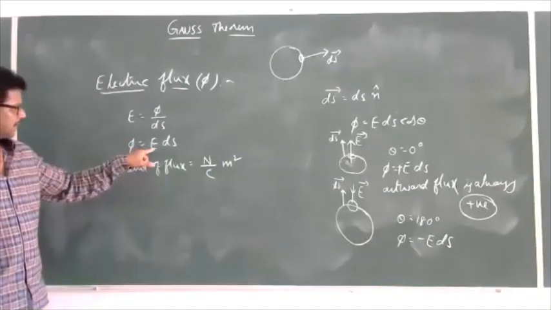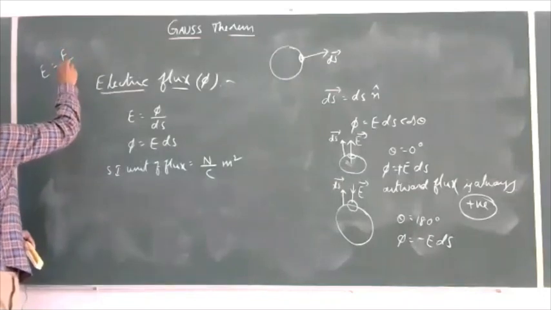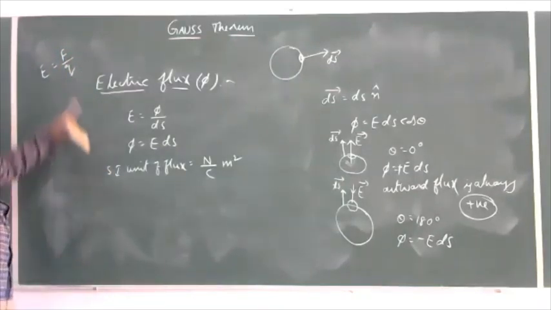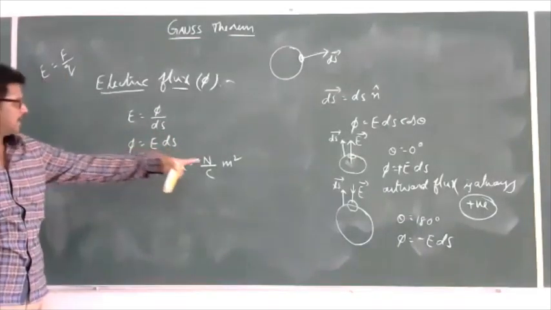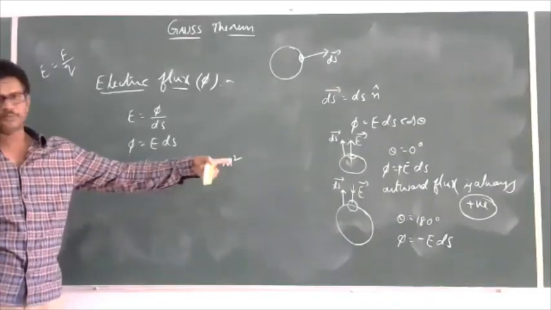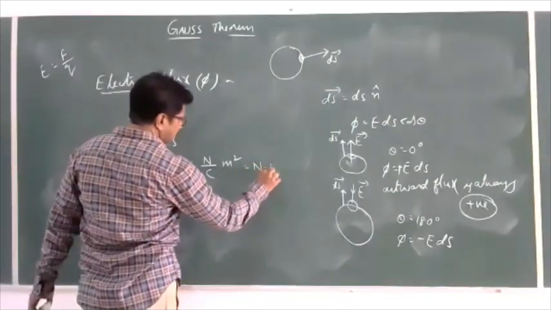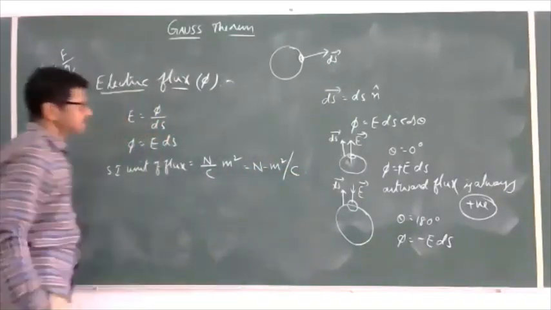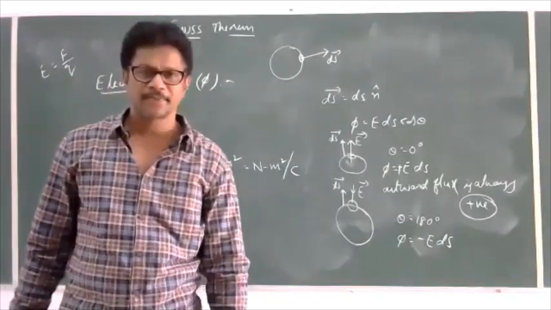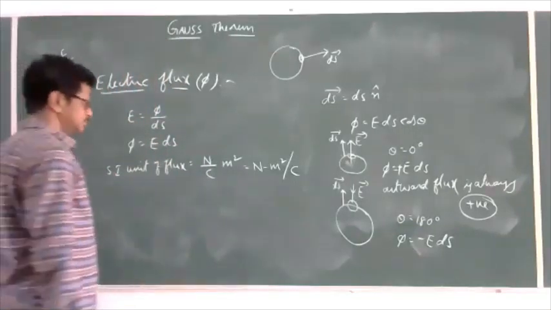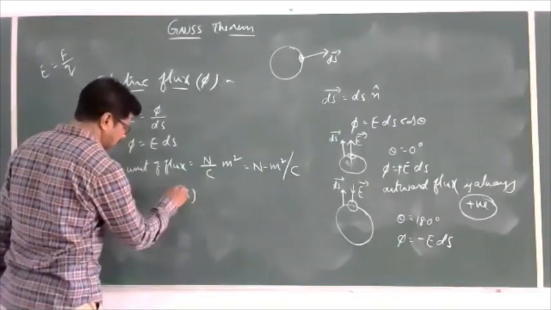The unit of electric intensity is Newton per Coulomb, because electric intensity E is equal to force by charge. So the unit of force is Newton, the unit of charge is Coulomb, the area is meter square. Newton per Coulomb meter square. Then I can write Newton meter square per Coulomb is the SI unit of electric flux.